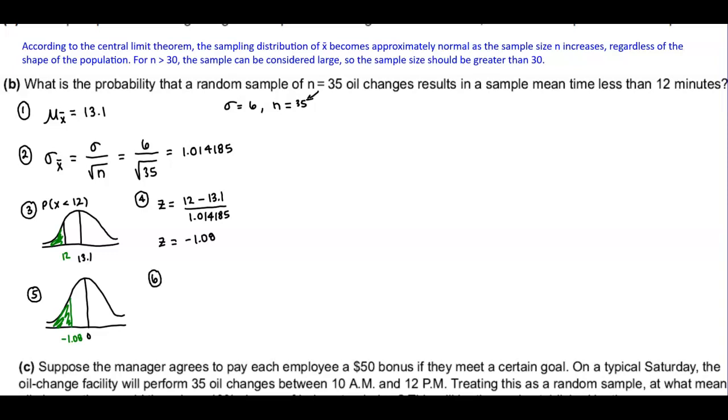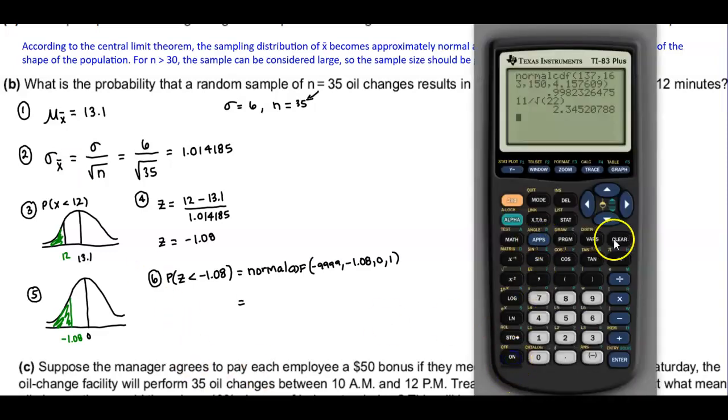So what we want to find is the probability of z being less than negative 1.08, which is equal to normal CDF of the lower bound, which is negative 9999. The upper bound is negative 1.08. And we know our mean is 0 and our standard deviation is 1. So let's put that into our calculator here.